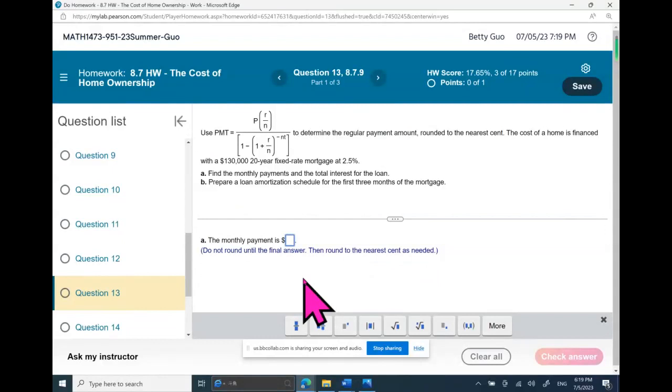I put in 12 times 20, which gave me 240. Awesome. Exactly. 12 times 20, 240. What should we put in I%? That would be the 2.5, right? Awesome. Yeah, just the 2.5, not converting or anything, just 2.5. What about PV, present value?